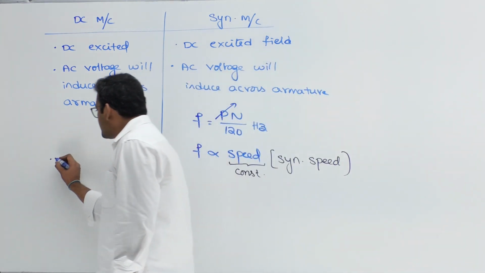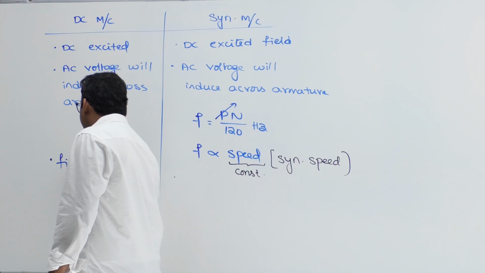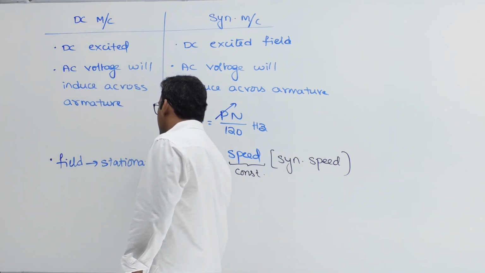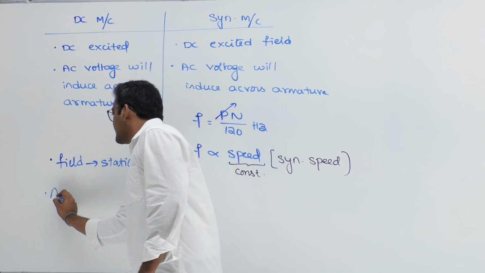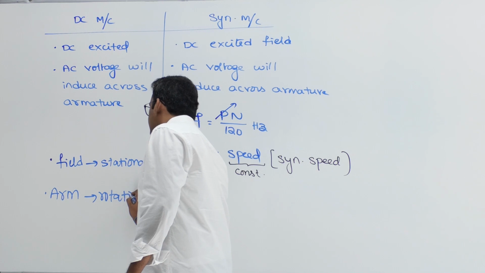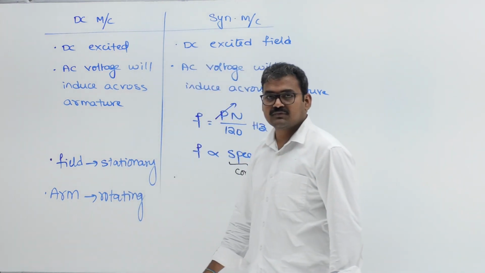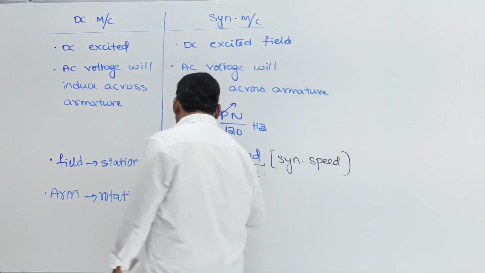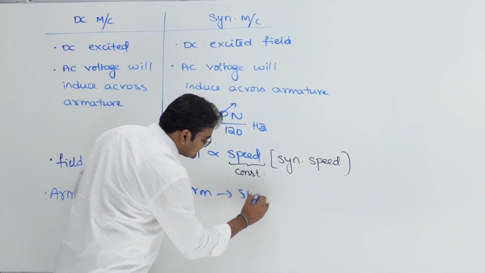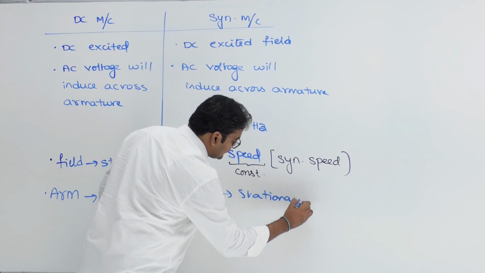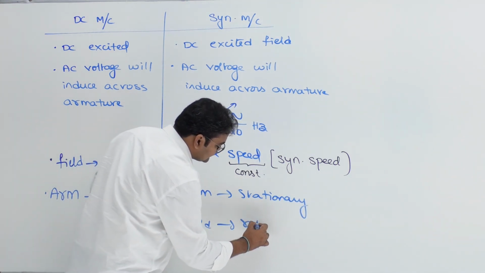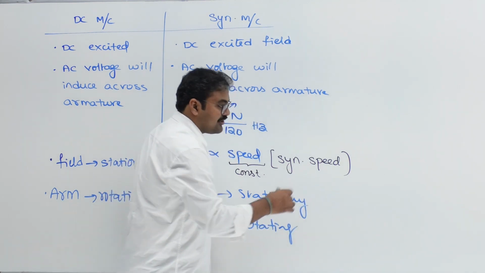In a DC machine, the magnetic field is stationary and armature conductors are going to be rotating. Whereas in a synchronous machine, armature conductors are stationary and the magnetic field is going to be rotating.